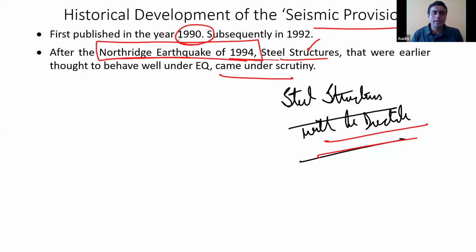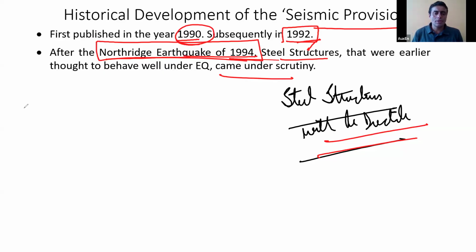It was first published in 1990, subsequently revised in 1992. But as I just said, there was not much seriousness about this particular seismic provision because we thought that steel structures would always behave very well under earthquake.